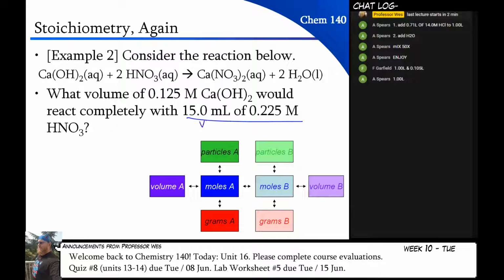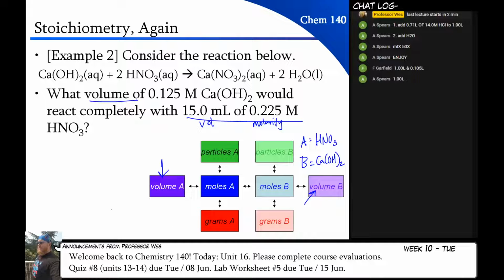So I know a volume, and I know a molarity. So I know the moles of this one. So this is going to be my A. So A is nitric acid. B is going to be the other thing. And it's asking for a volume, so we're going to solve for that.